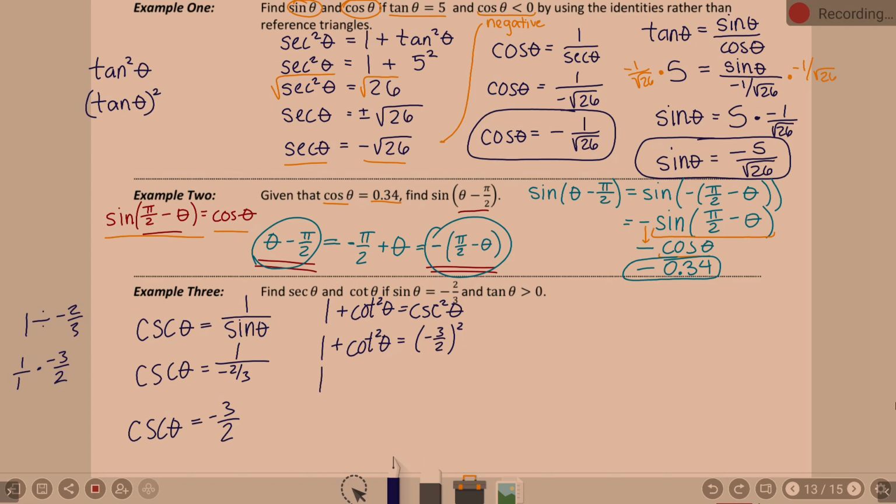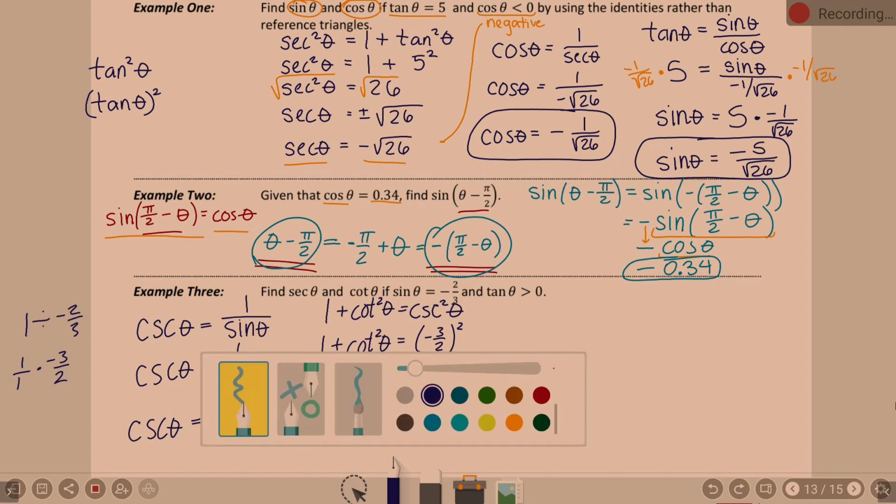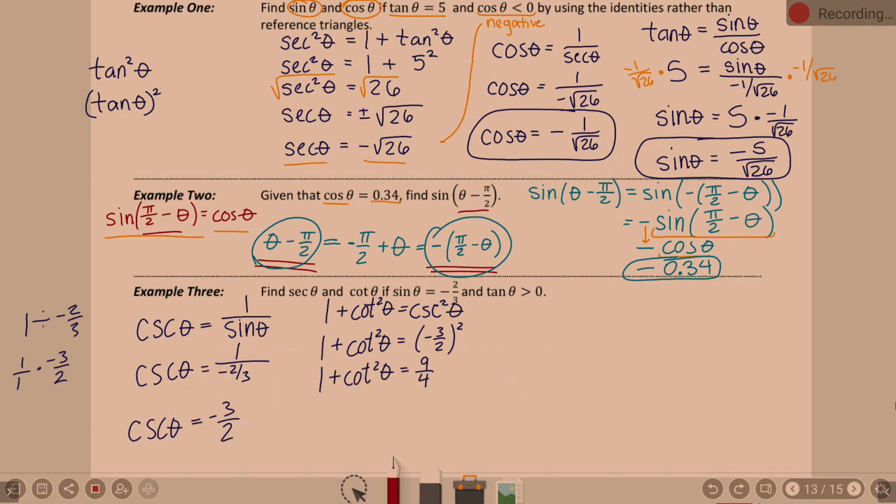So 1 plus cotangent squared theta equals 9/4. How do you solve the equation? If we're trying to solve for cotangent, we're going to do what? Subtract 1, yes? How do I subtract 1 from 9/4?